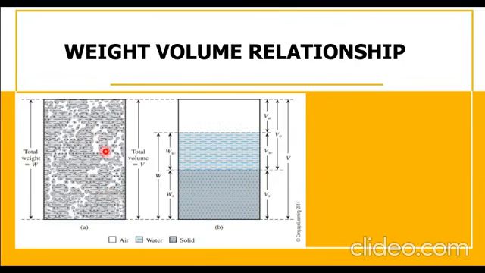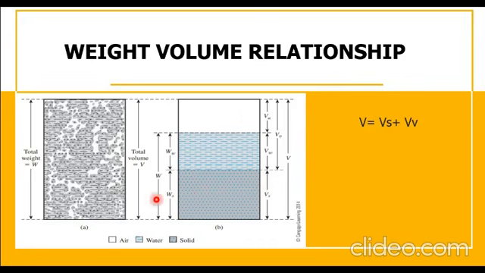So if we're going to separate these particles or this microscopic picture of soil, ganito siya makikita. This will be the soil particles, this will be the water, and this will be the air. So the total volume of this soil is equal to the volume of soil solids plus the volume of voids.